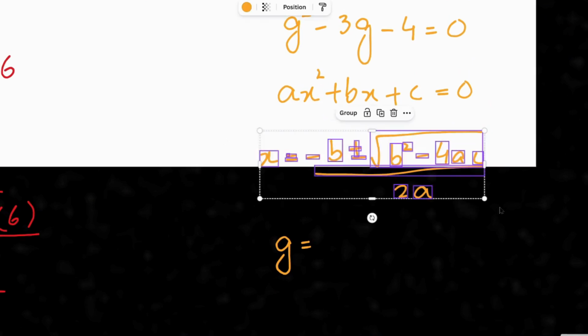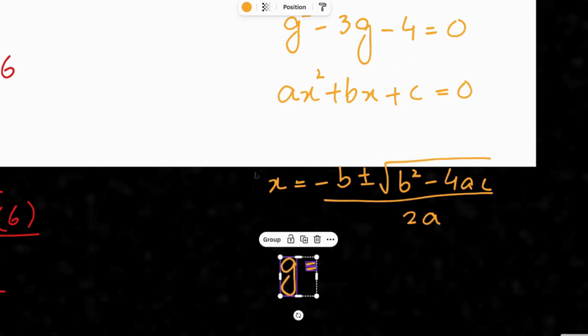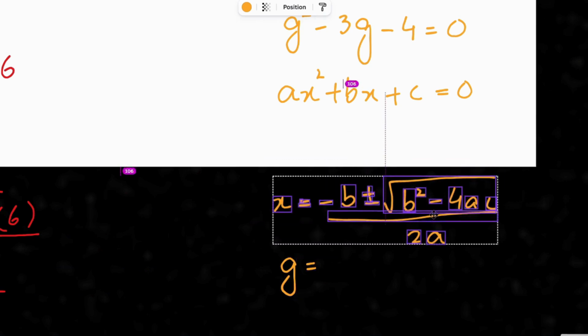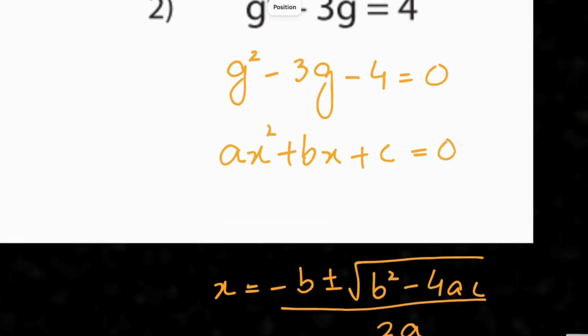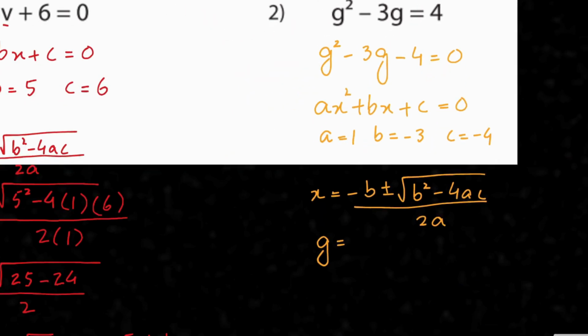A is 1, b is equivalent to minus 3, and c is equivalent to negative 4, after comparing these two equations.